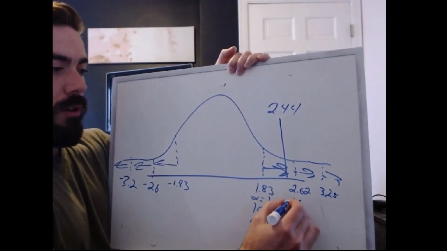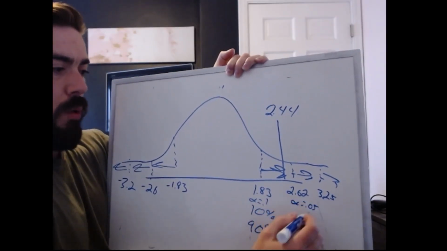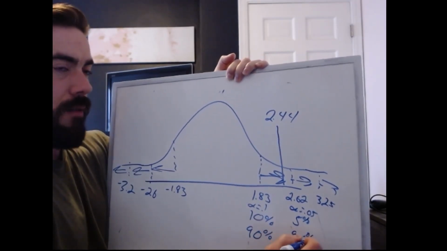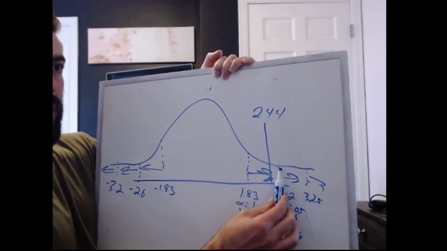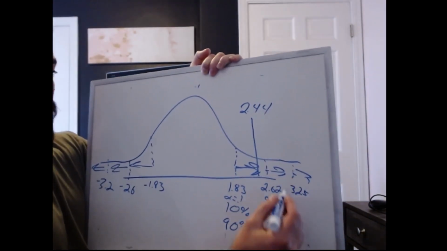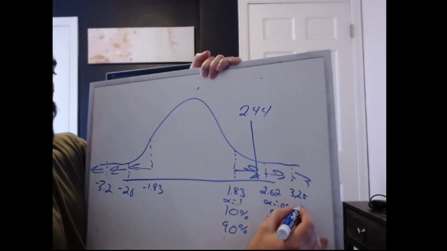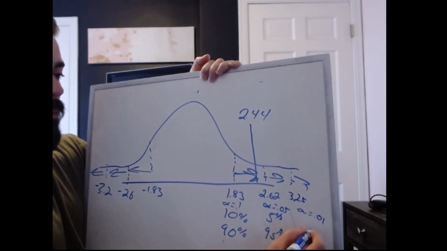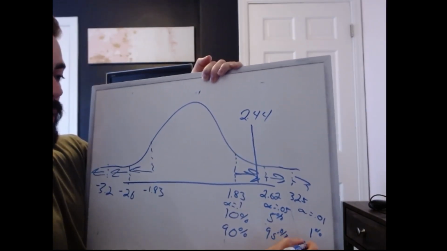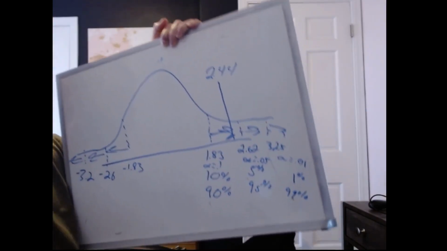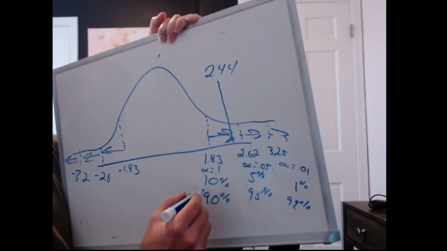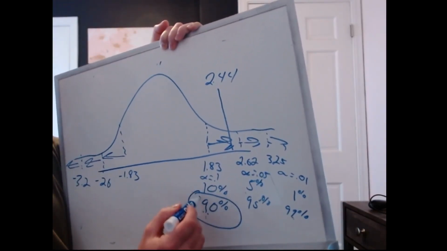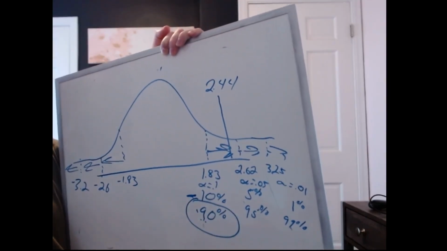It's not in the rejection region for the alpha of 0.05 or the 5% significance level or the 95% confidence level. Right? It just barely misses being in that rejection region. And so if it's not in the rejection region at the 5% level, it for sure isn't in the rejection region at the 1% significance level or 99% confidence level. Right? So we can only reject at the 90% confidence level or 10% significance level.